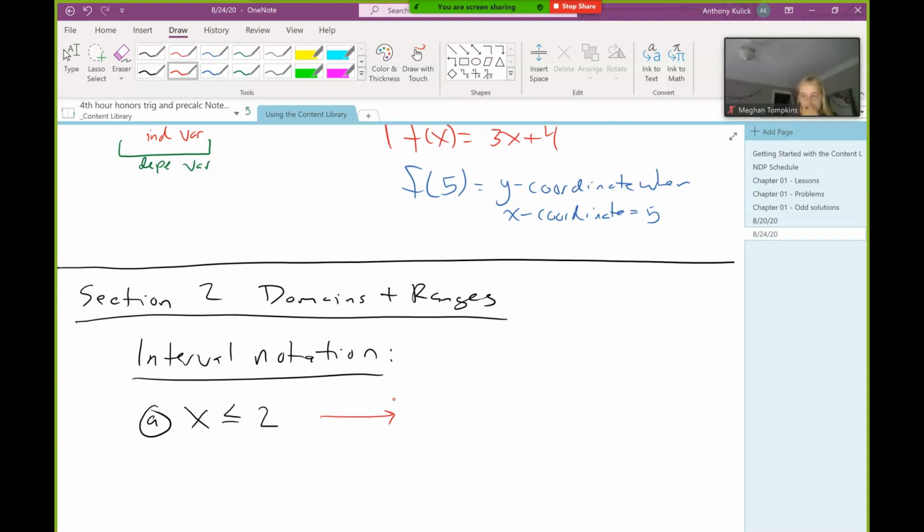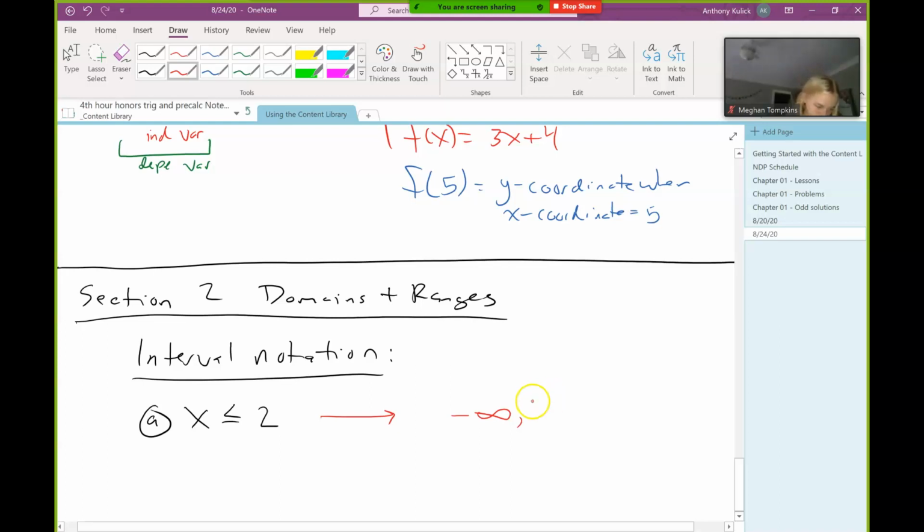So what's the smallest number that's less than or equal to 2? Negative infinity, right? So there is no smallest number. You can keep going on forever. So the symbol we use to represent that is negative infinity.